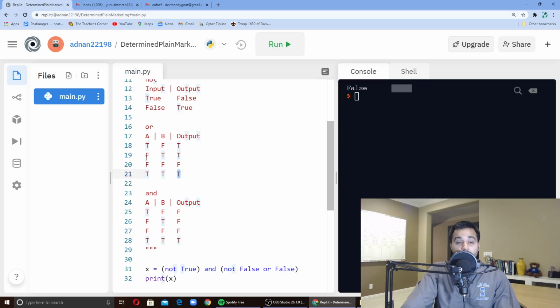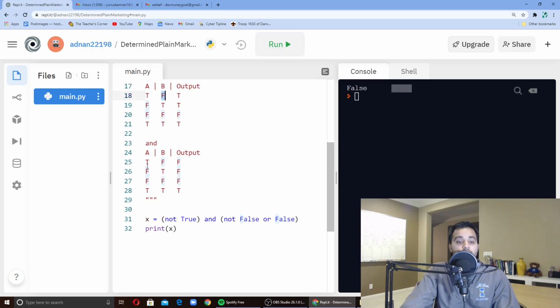Now let's say A is false. Well, if A is false, it's not alone able to give me the answer, because false or true will be true, and false or false will be false. So if all I know is that A is false, I can't actually give the answer. I need to know what B is to determine the output. But when it's true, I don't even need to care about B because the output will be true. So that's what short circuit evaluation is.